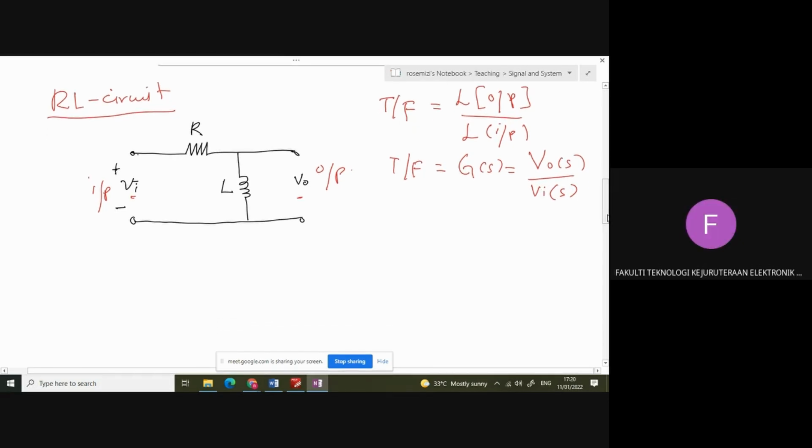Now what is Vout? What is Vin? So we can use KVL, Kirchhoff voltage law, at this part.